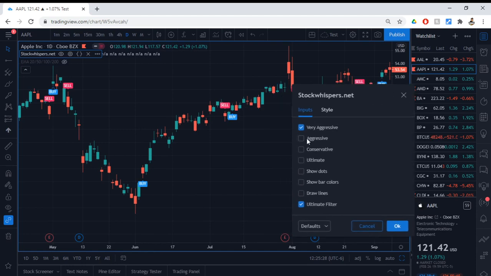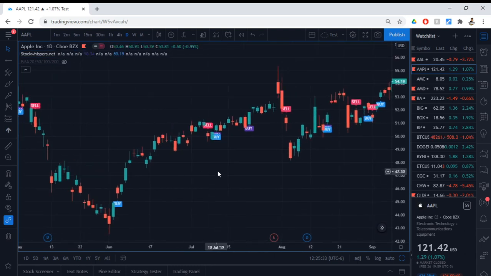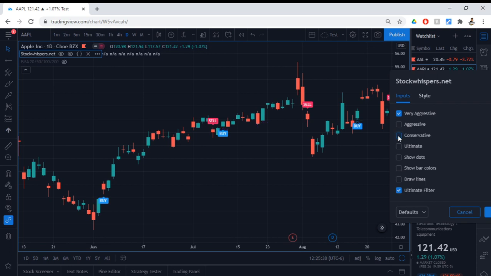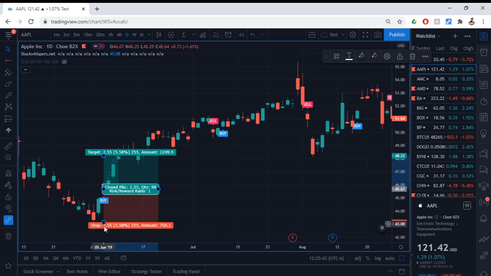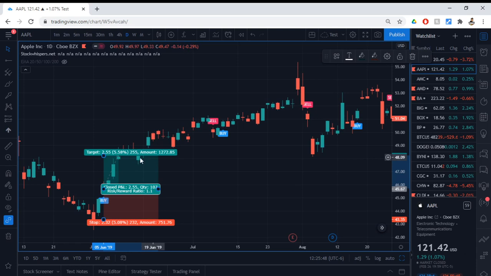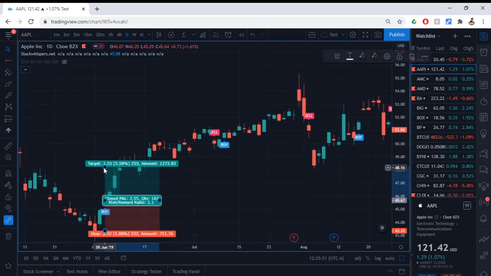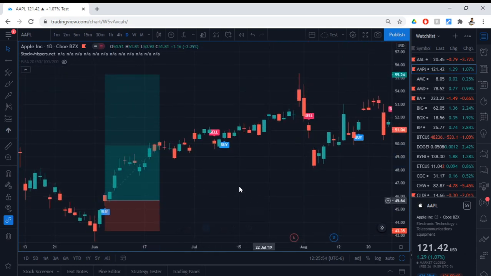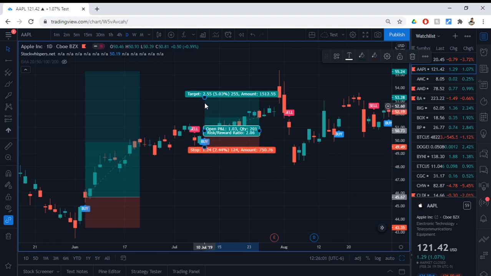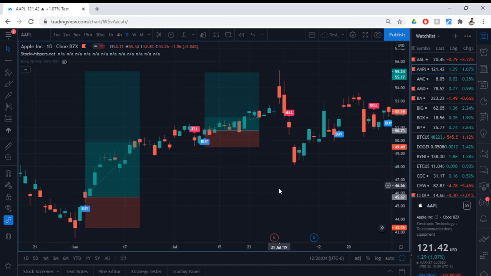So let's do this conservative. Just to show you here, I'm okay with getting in here, right, and putting my stop loss there and writing this up, 20%, or getting in here, writing this up, okay, 8%.